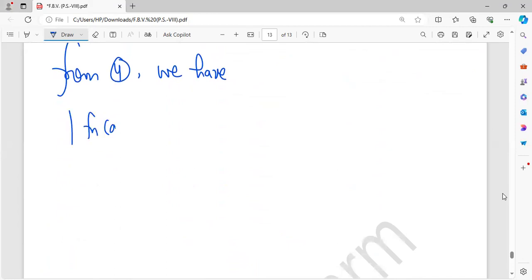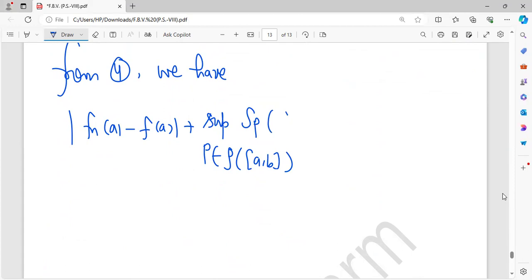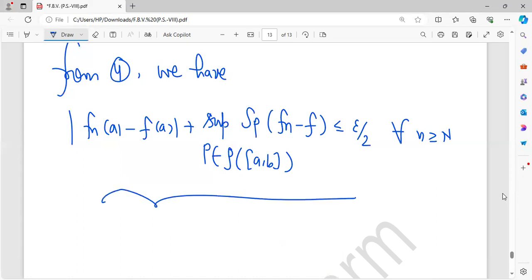Fn(a) minus f(a) plus the supremum over P belonging to the partitions of [a, b] of S_P(Fn minus f) is less than or equal to epsilon by 2 for all n greater than capital N. Now Fn minus f is a function of bounded variation, and this is finite. So what does it mean? It means the variation of Fn minus f over [a, b] is less than or equal to epsilon by 2 for all n greater than capital N. But what is this?